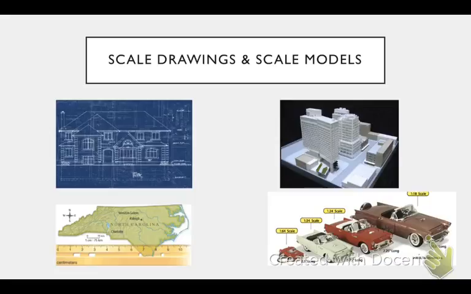Some examples of these would be architectural blueprints, and maps would be examples of scale drawings, and then scale models would be some of the cars that you assemble. If you look in the corner of the box, it always tells you the scale, which means if it says 1 to 24, every 1 unit on the model is equivalent to 24 units on the actual object.